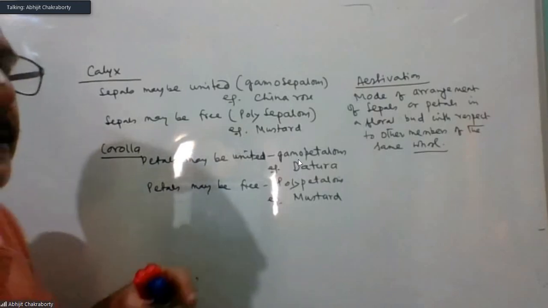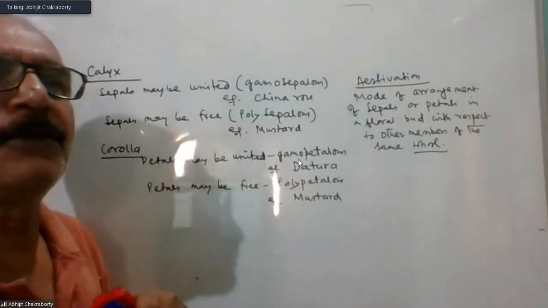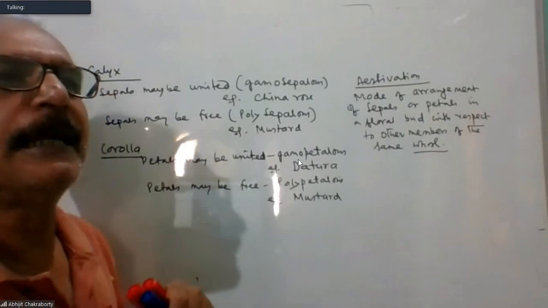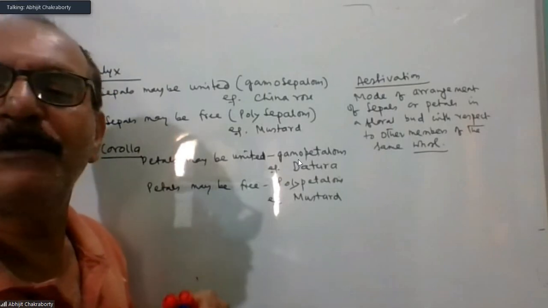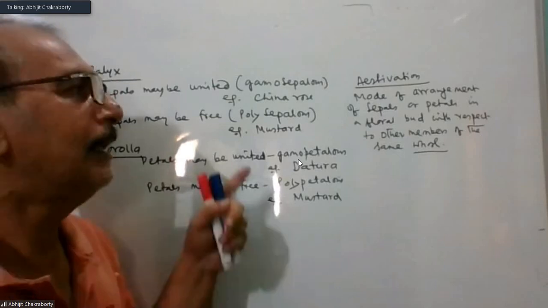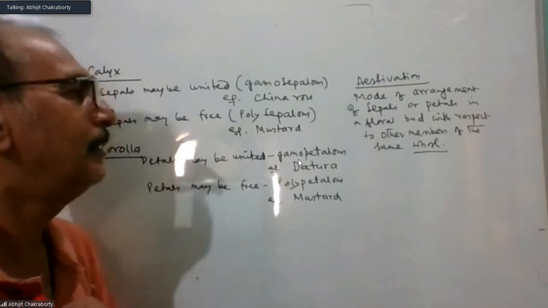Suppose there are 5 petals, we have to see the arrangement of petals with respect to one another. Similarly, there are 5 sepals, and we observe the arrangement of sepals with respect to one another. Then you can call it estivation.